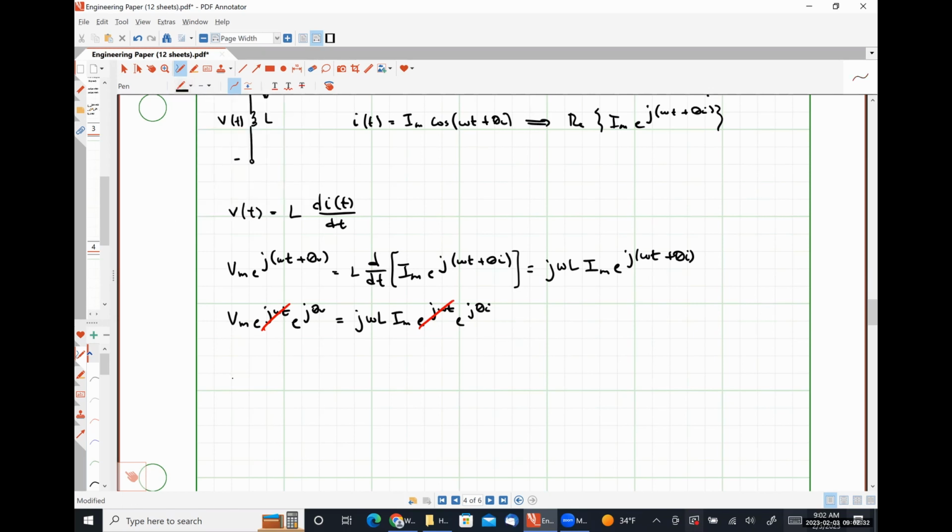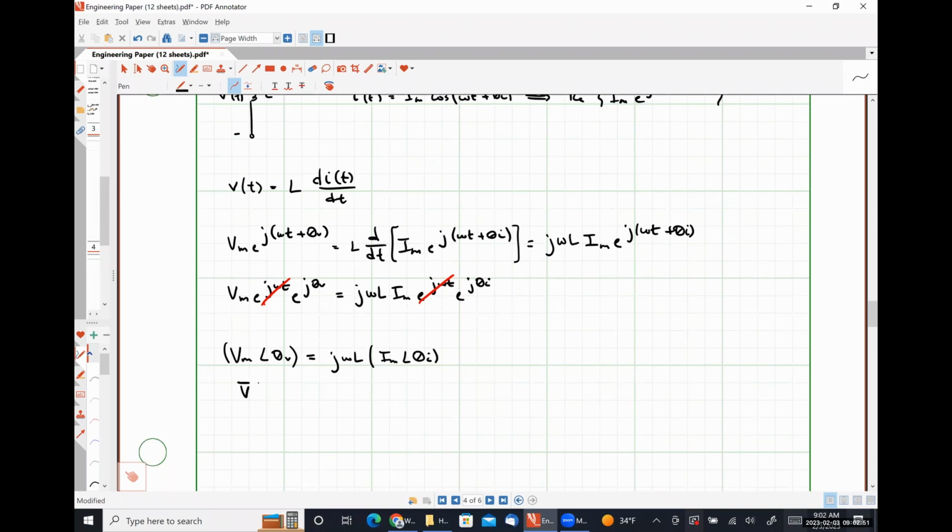So this is going to look like Vm angle theta V as a polar form complex number will be equal to j omega L times Im angle theta I as a polar form complex number, or phasor voltage V is equal to j omega L times phasor current I.